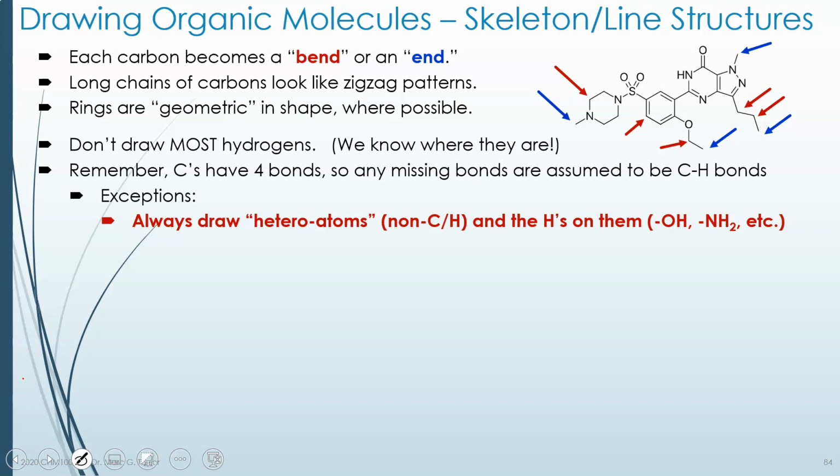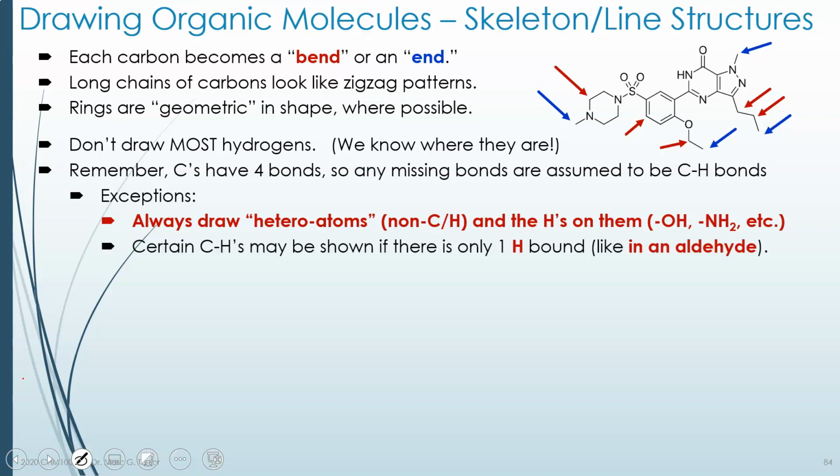In this case, there's only one on one of the ends in here. Occasionally, we will draw a hydrogen on a carbon, especially a carbon that only has a single hydrogen on it. You typically find that in groups that we call aldehydes, and we'll talk about those later. But I'll show you an example at the bottom of this slide.